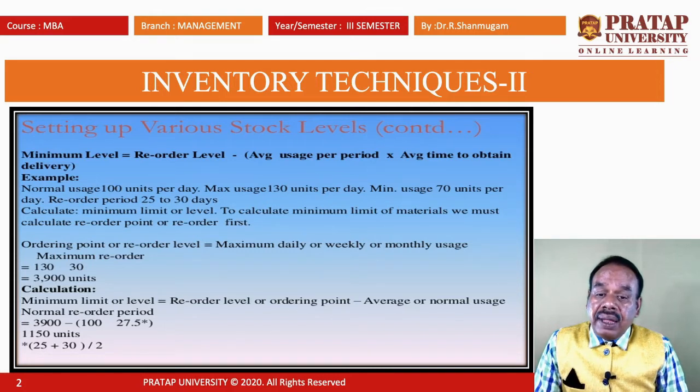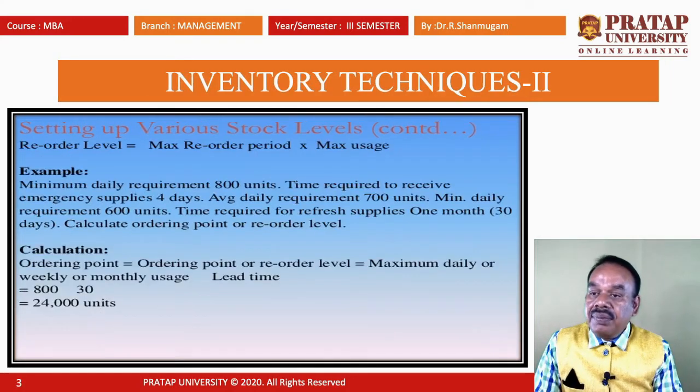That is the average reorder period: 25 plus 30 divided by 2. So finally we get the answer 1150 units. This is the minimum level. And then reorder level is maximum reorder period into maximum usage, so we are calculating the maximum time limit as well as the maximum usage.